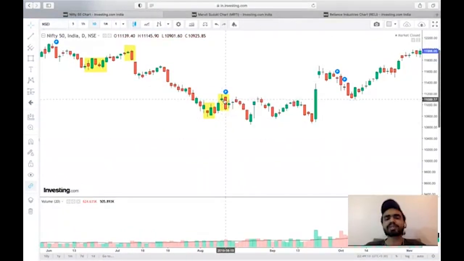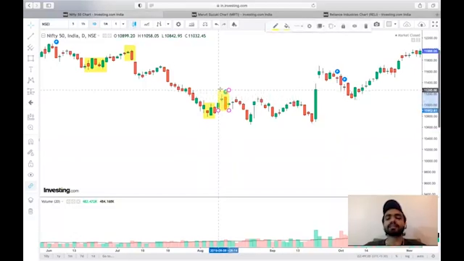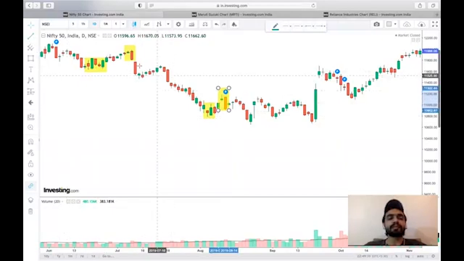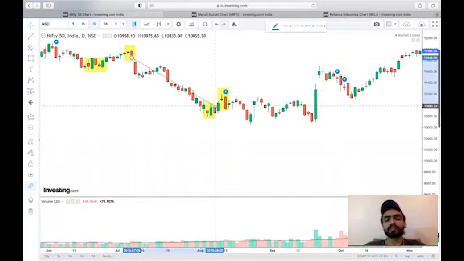So these two candles constitute a bearish engulfing. So what was the criteria for bearish engulfing? On the first day, the first criteria was there should be an existing uptrend. Now again, this is slightly subjective. A few people might think that this is a downtrend and the pattern has been found in a downtrend.